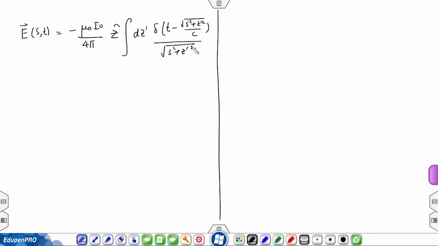This is for t greater than square root of s square plus z prime square over c, and this is 0 for t less than that.